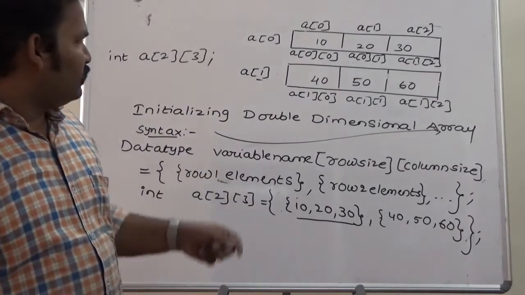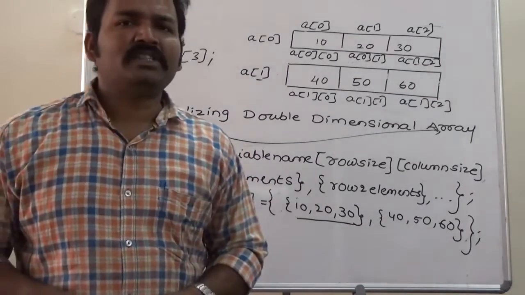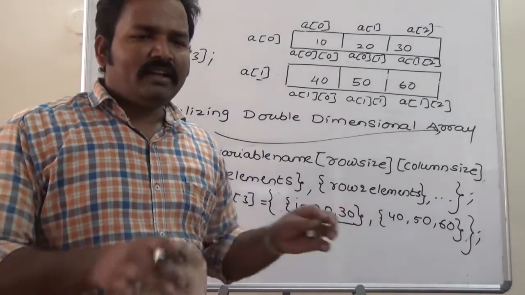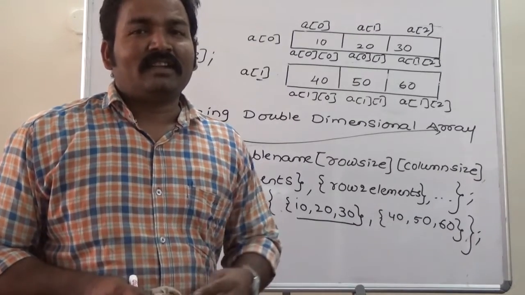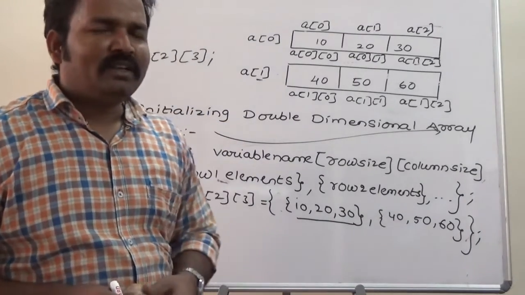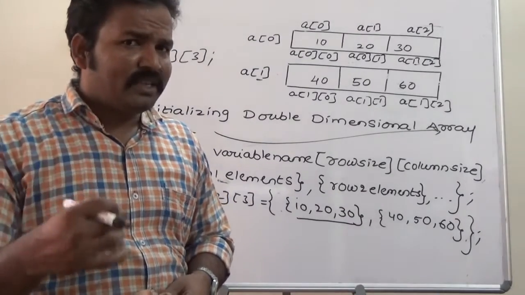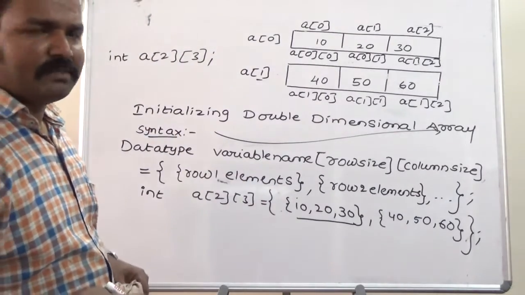So this is initializing a double dimensional array. This is compile time initialization. Here we are assigning elements to the array variable at programming time, not at runtime. Now we will see how to assign elements to an array variable at runtime.